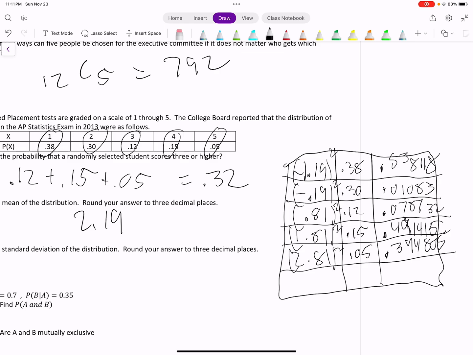So I need 0.538118 plus 0.01083 plus 0.078732 plus 0.491415 plus 0.344805.